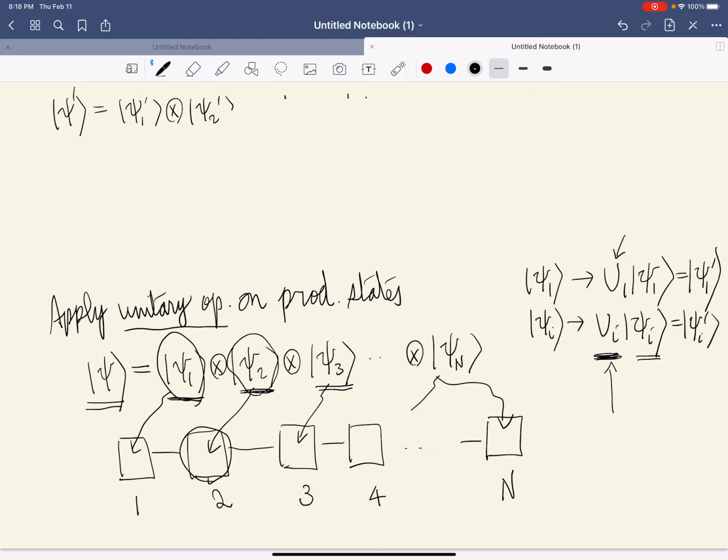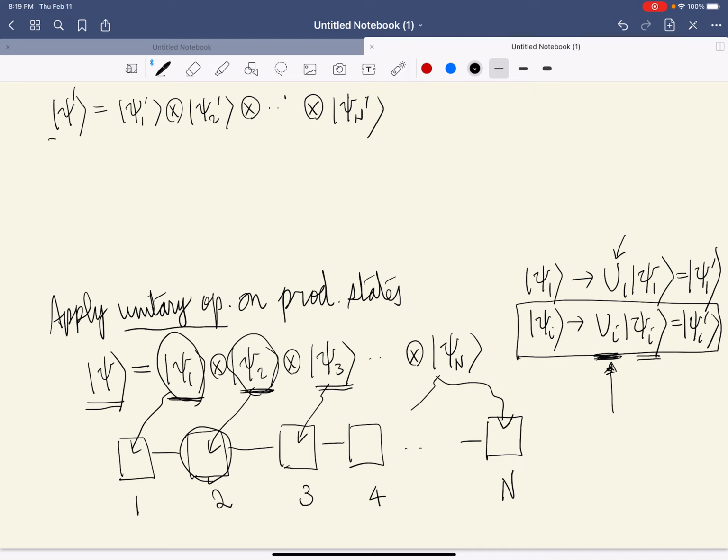So psi 1 goes into psi 1 prime, etc. Okay, so this will be the shape of the new wave function after evolving each qubit according to a certain arbitrary unitary transformation acting on each qubit.